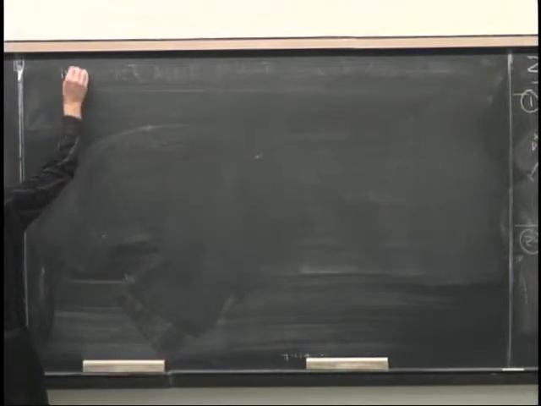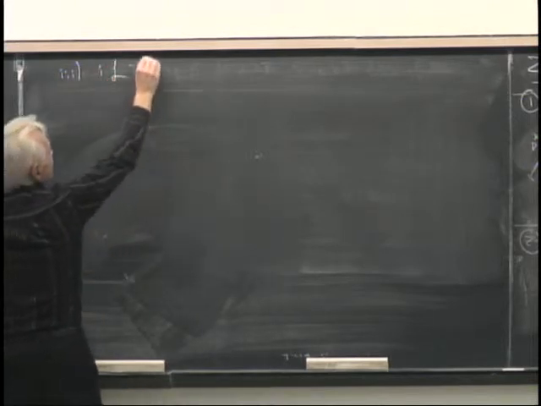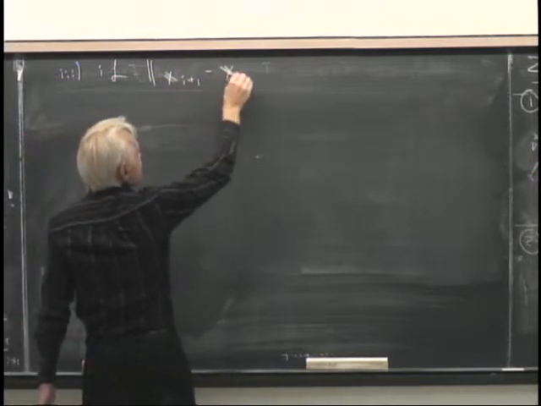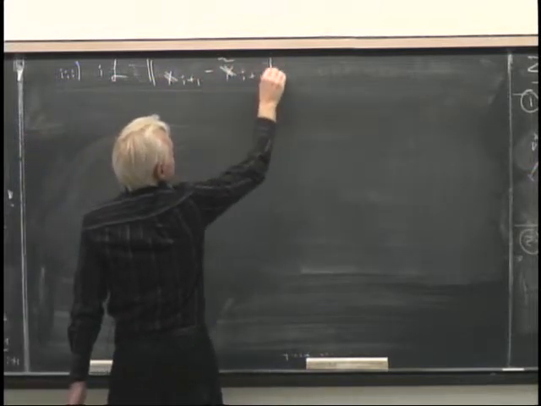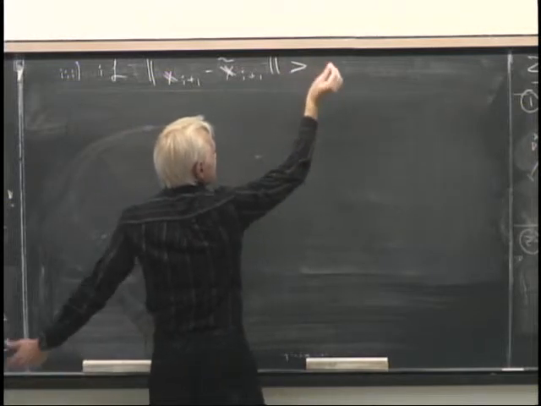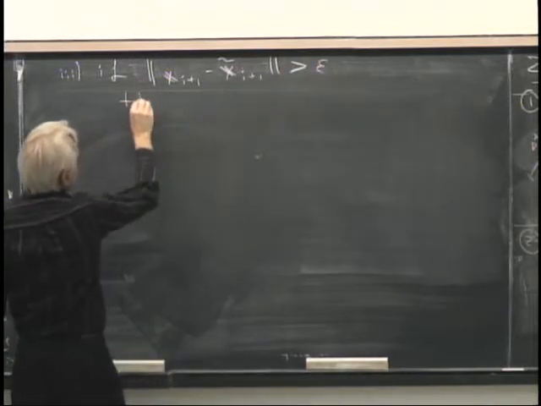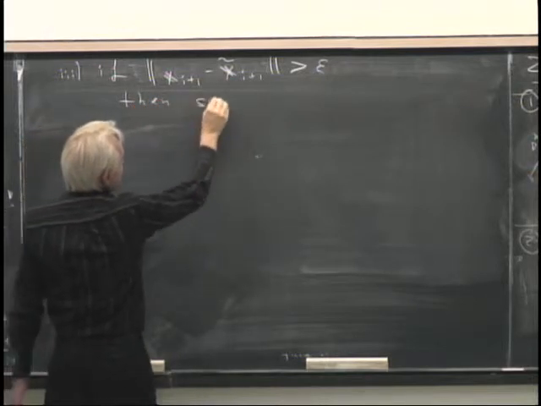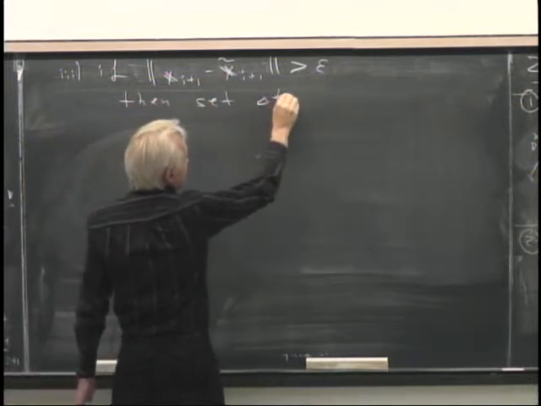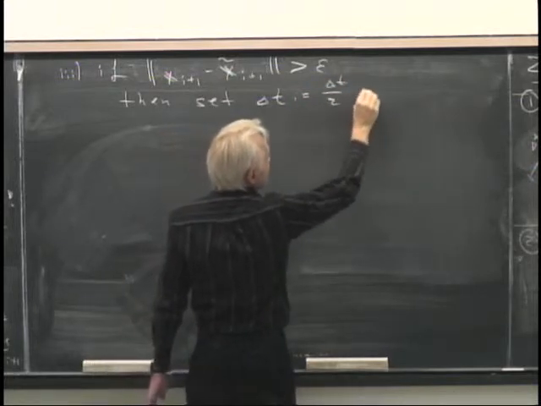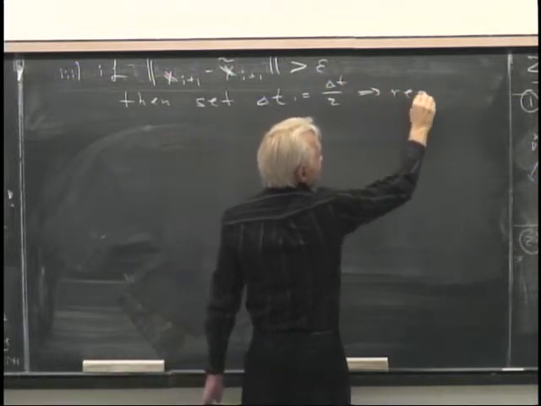And step 3 is, if these really differ, and the way you say that is if the difference between xi plus 1 and xi plus 1 tilde is greater than some kind of threshold, epsilon, then set delta t to delta t over 2, and you repeat the whole process, right?